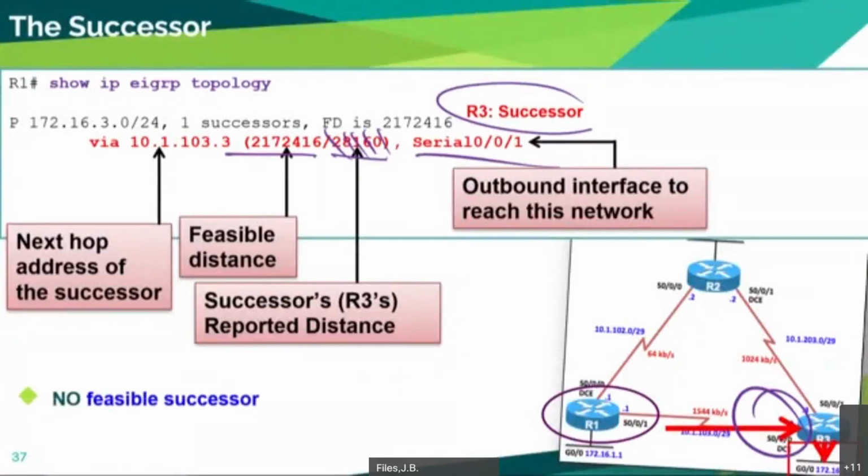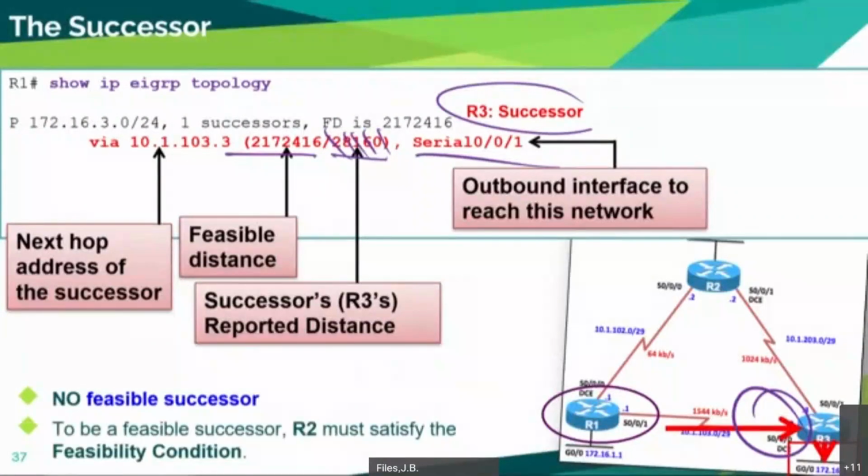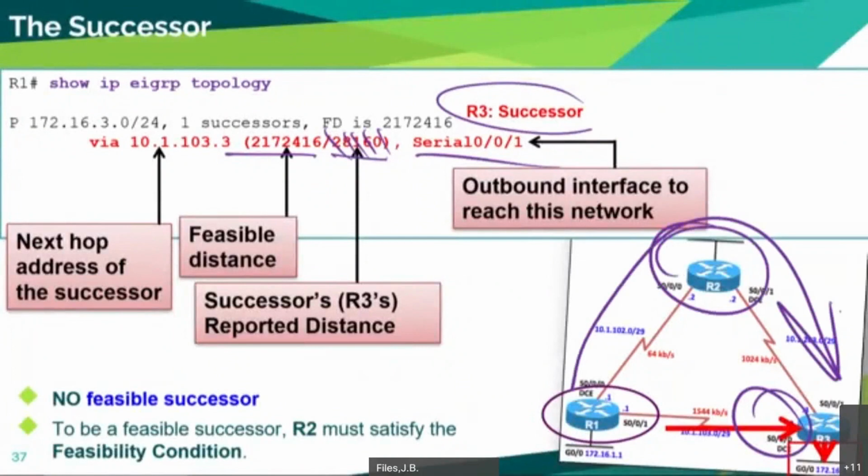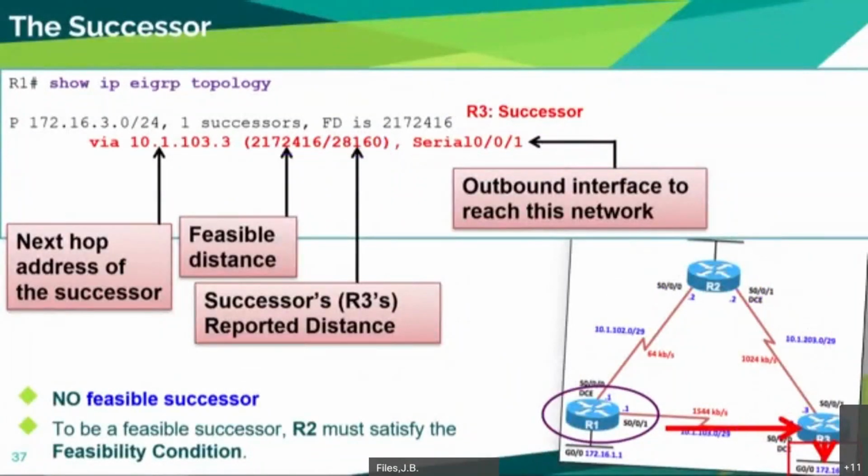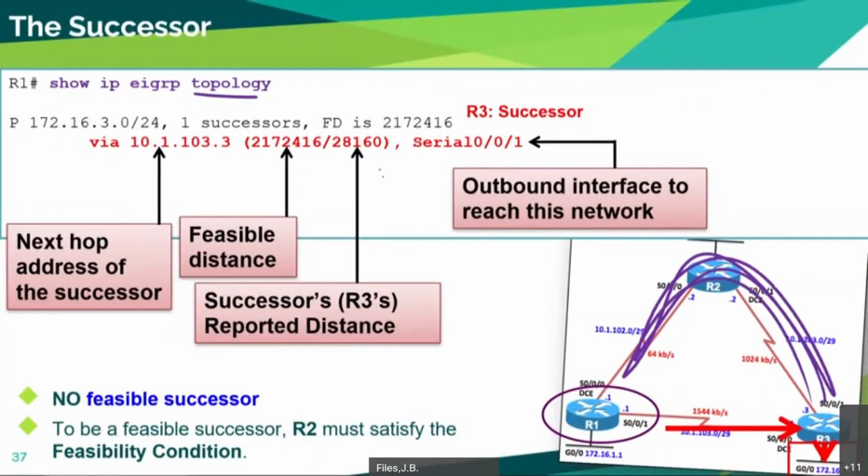There is no feasible successor here because in order to be feasible successor, R2, right? So if R1 went that way, must satisfy the feasibility condition. Now, remember I said before, the topology table includes all EIGRP paths. So this is a path.